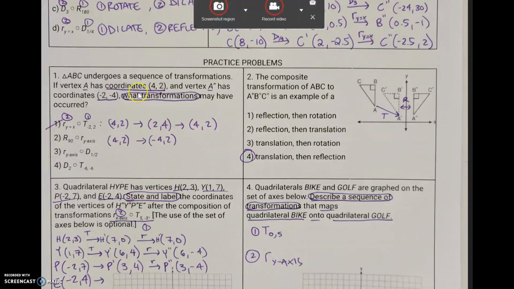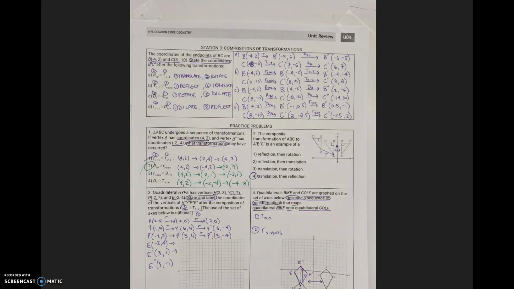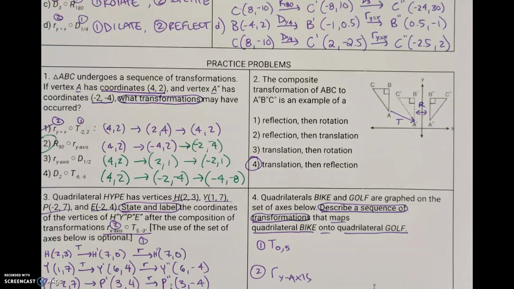So for practice problem number 1, ABC undergoes this sequence of transformations. It starts off with 4, 2, and it gives you vertex A double prime. So it says, well, here's where we start. Here's the correct answer. How do we do it? Let me skip to the other page here. Yeah, this one I was able to complete the problem here.